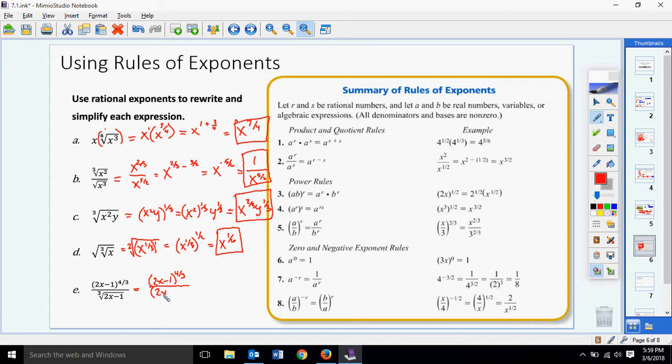So I'm taking 2x minus 1 to the 1/3 power now. Okay, so I have one thing in the top raised to a power and one thing in the bottom raised to a power. Sorry, that should be a minus in there.